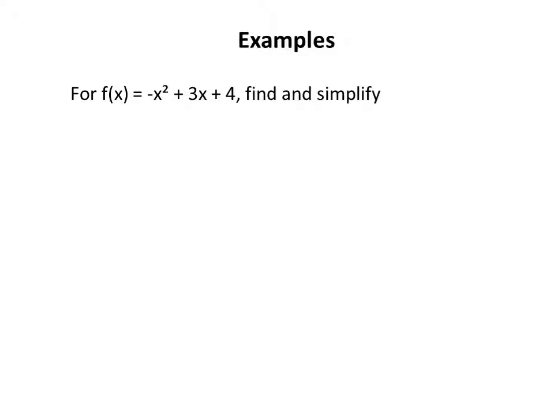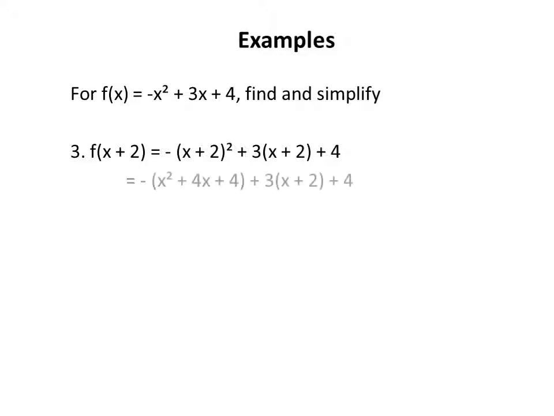So that's negative x plus 2 squared plus 3 times x plus 2 plus 4. So x plus 2, we need to FOIL this, and I'm sure everybody is aware of the FOIL technique. Once you FOIL it and combine the like terms, you're going to get x squared plus 4x plus 4, and bring the rest of the equation down.